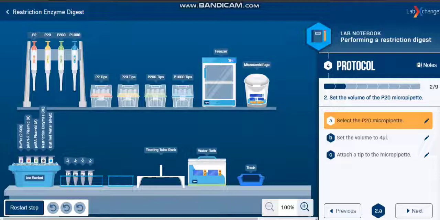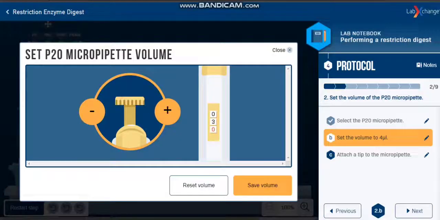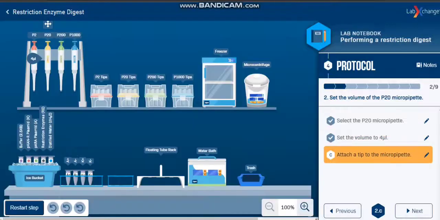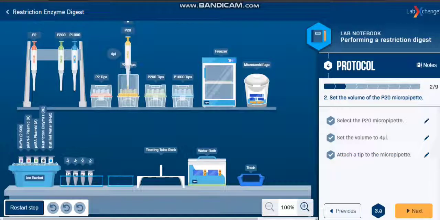Select the P20 micropipette. Then set the volume to 4 uL. Then attach the tip to the micropipette from the tip box.